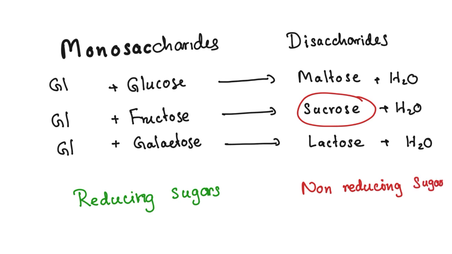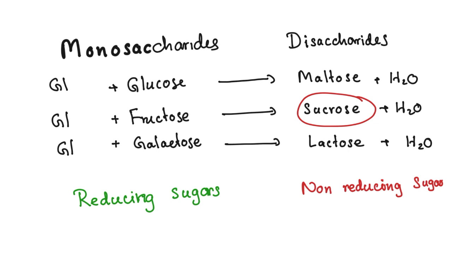So what's the difference between reducing and non-reducing sugars? A reducing sugar donates electrons to another chemical substance. They have a free aldehyde or a keto group in the molecule, so they can undergo oxidation-reduction reactions, reducing the other compound.